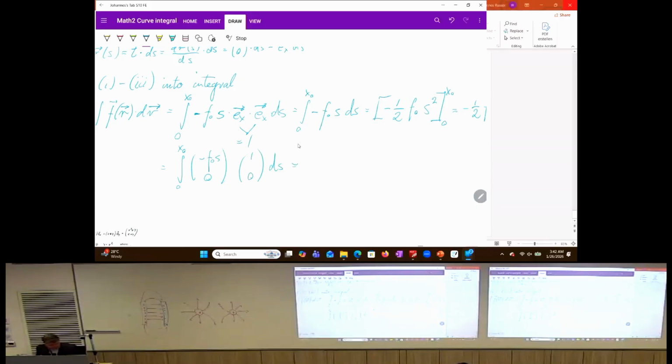And then you see we have basically a dot product. So whatever is in that integral, we have an integral to compute a work. So the work is not a vectorial quantity, it's a scalar quantity.